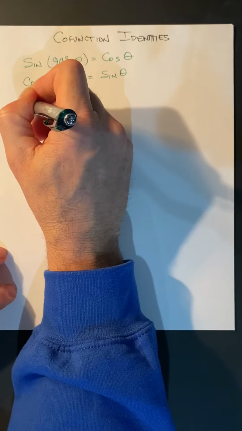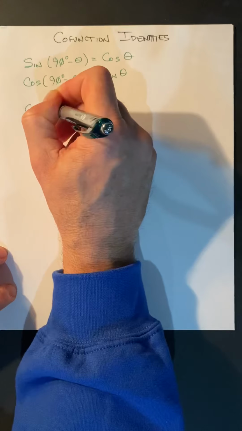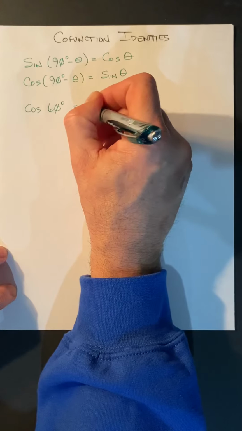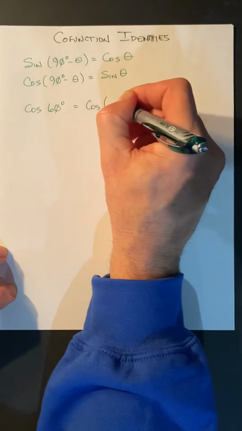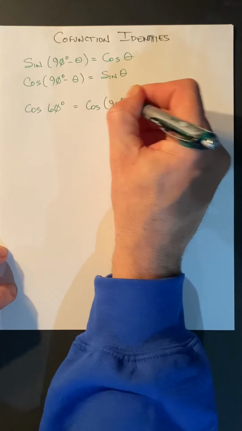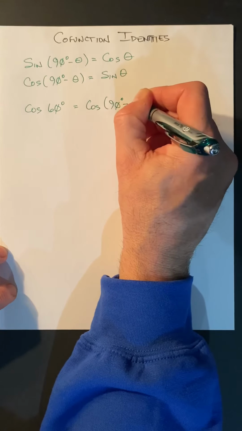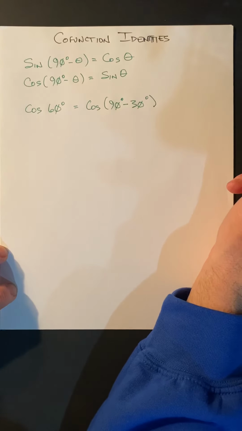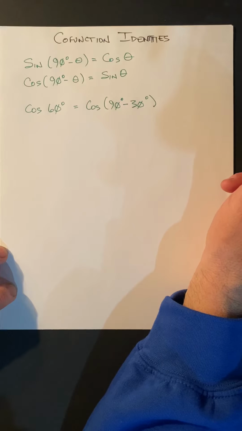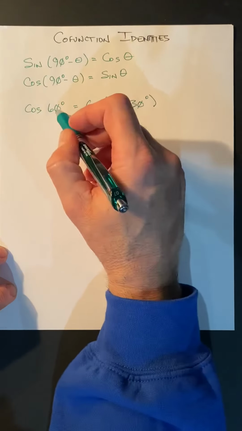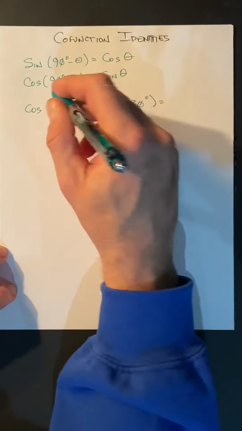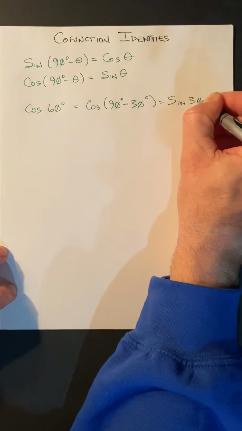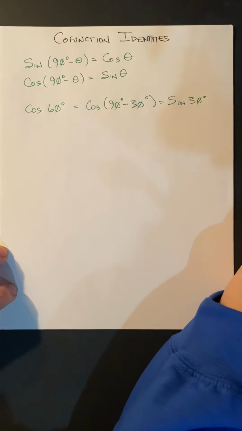So the cosine of 60 degrees is the same thing as the cosine of 90 degrees minus 30 degrees, right? So what that tells me is the cosine of 60, based on this formula, should be the same thing as the sine of 30 degrees, right?